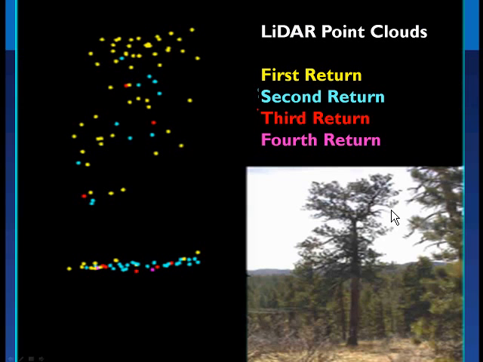There's another example, a different tree, when you're looking just at the points in a cross-section, and it's showing that for each laser pulse, you're going to have multiple returns that tell you valuable information about how the ground looks and also volume information about the tree itself.